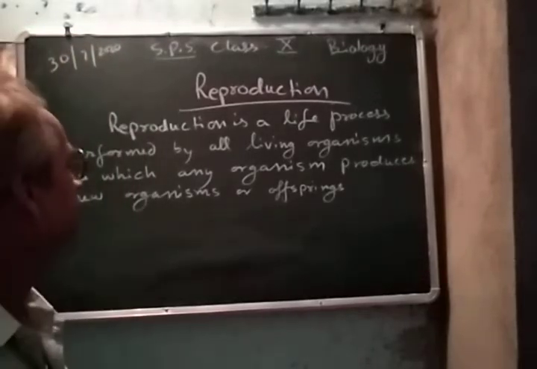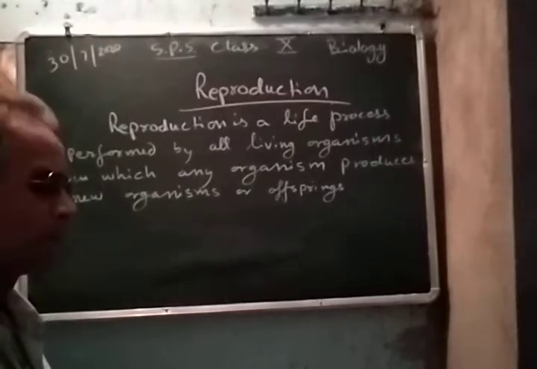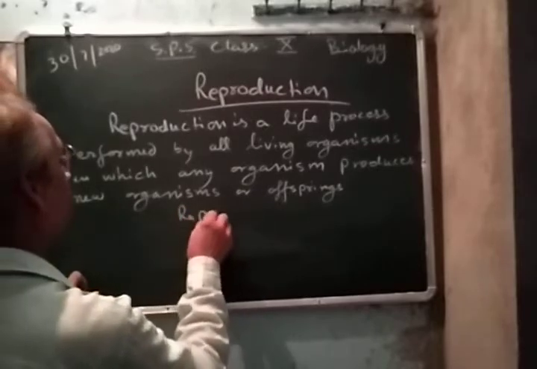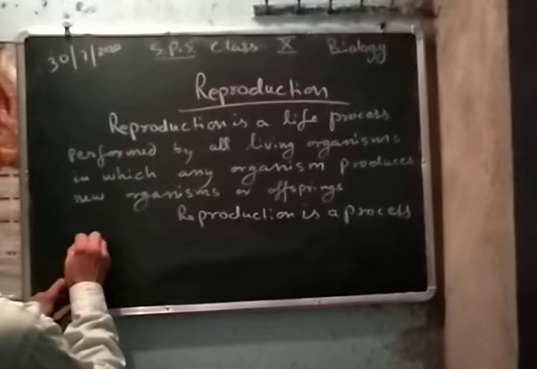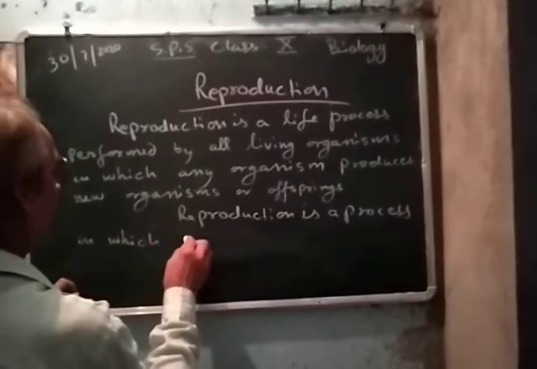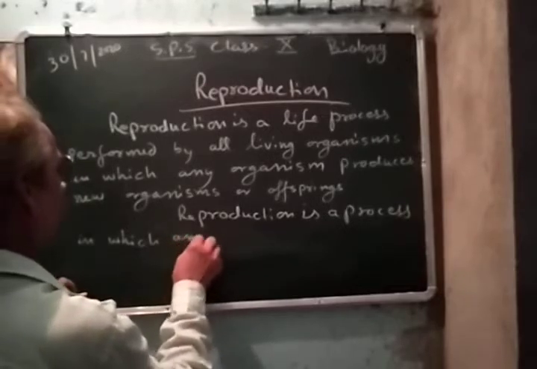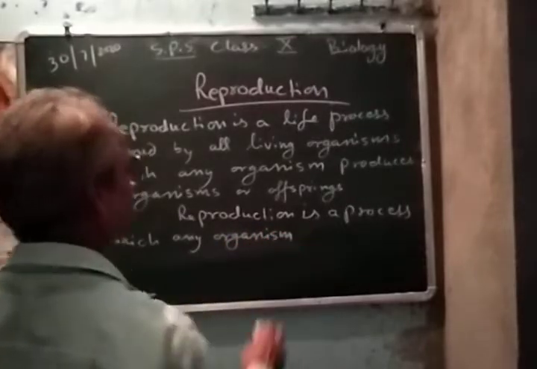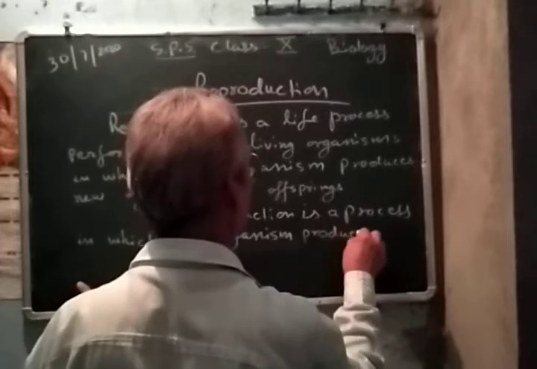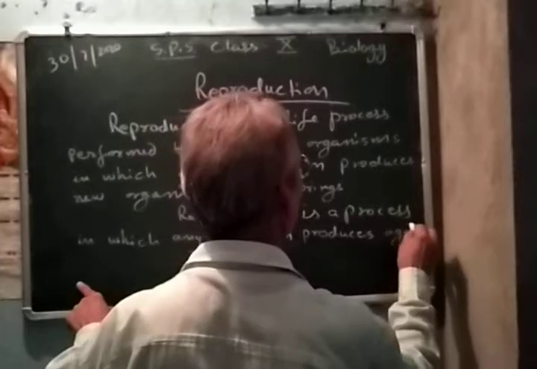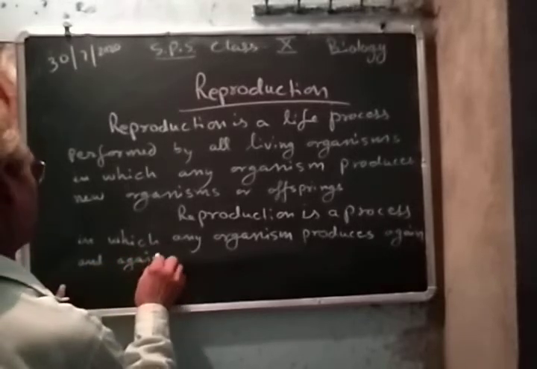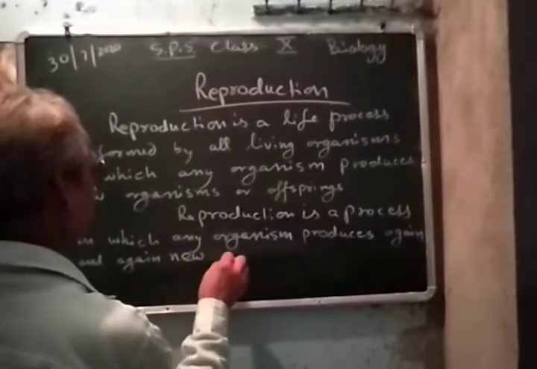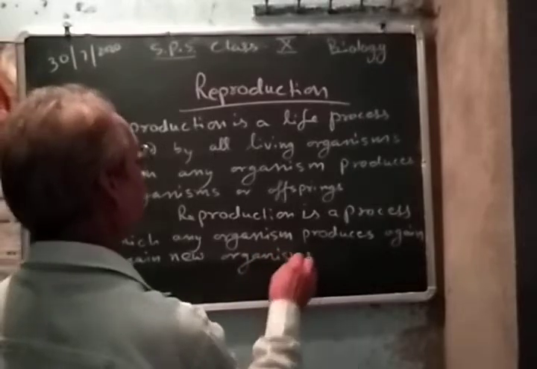Reproduction, in shortcut, is a process in which any organism produces again and again new organisms similar to itself.